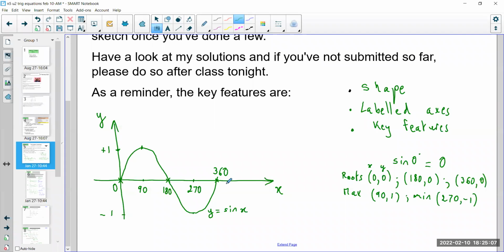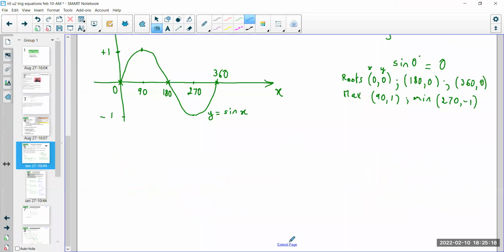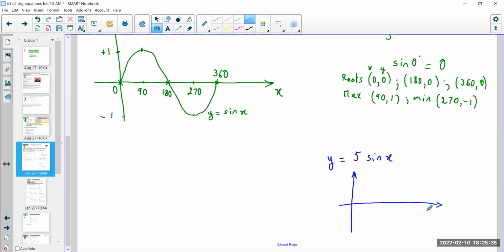Okay. So now I've given you y equals sine x. If someone asks you to draw y equals, I don't know, 5 sine x this time, 5 times sine x, I would do exactly the same thing to draw this. I would put my y-axis and an x-axis.